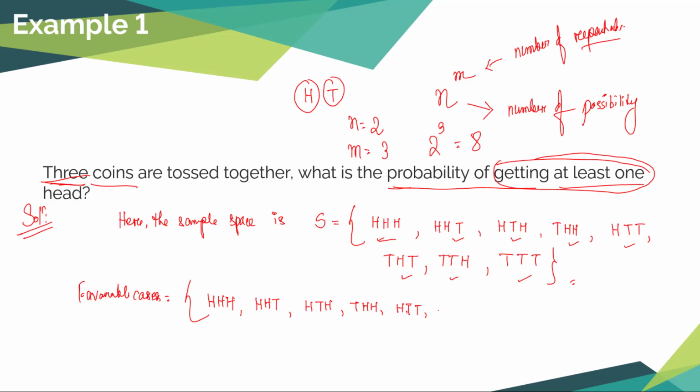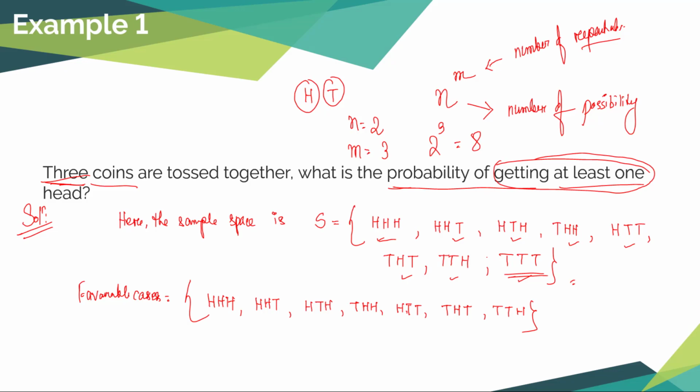The next ones are tail, head, tail and tail, tail, head. The only possibility that does not satisfy our condition of getting at least 1 head is the last one, where we are not getting any head, right?